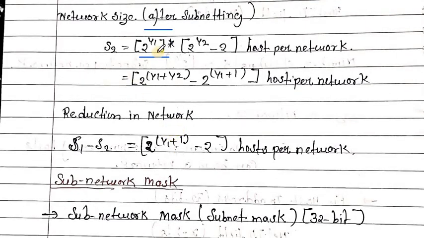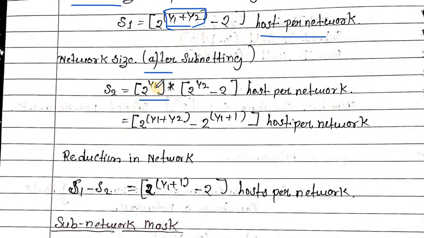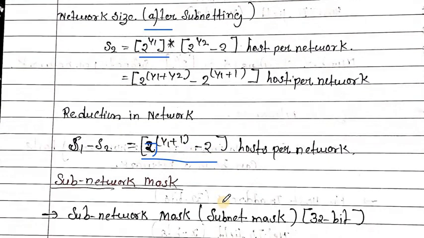After getting the formula and subtracting the values, we get this answer: 2 to the power y minus 2 to the power y1 plus 1 minus 2 hosts per network. This is the reduction in network size.